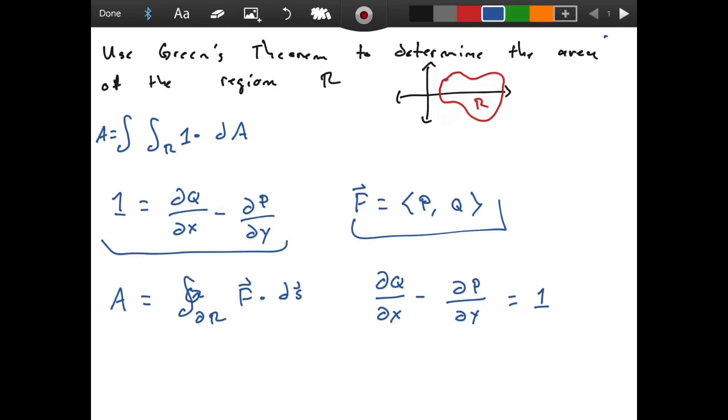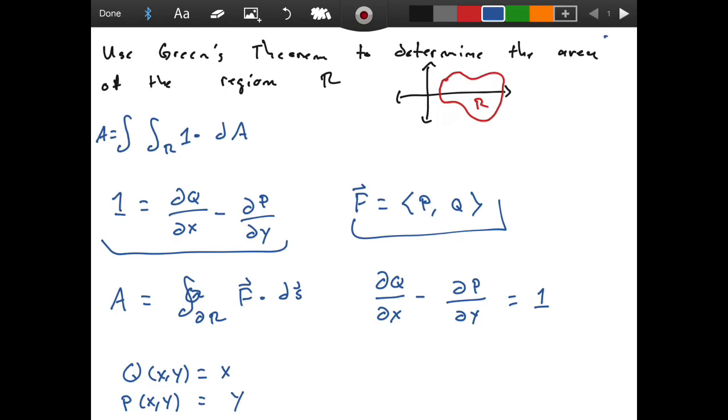Okay, so let's think about this. Maybe the first guess would be, what if I choose q of xy to be equal to x and p of xy to be equal to y? Then qx minus py is going to be equal to 0.